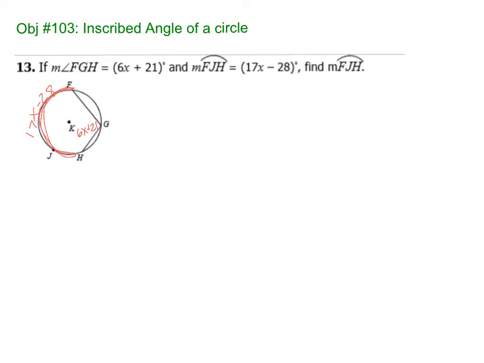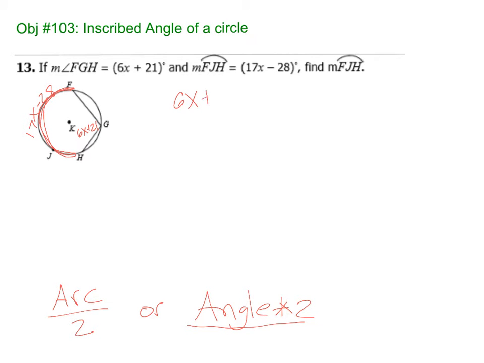So remember, this one is kind of harder because we have to make an equation. Remember, there's two ways to do this. We can either take the arc and divide by 2, or take the angle and multiply by 2. I typically will do the multiplying if I can, because I don't want to have to deal with fractions. So that's what I'm going to do. My angle, 6x plus 21, times 2 equals my arc, 17x minus 28.